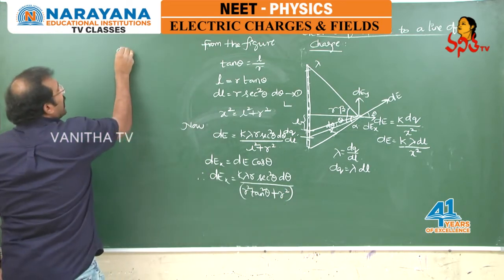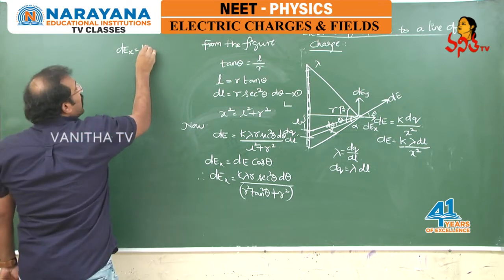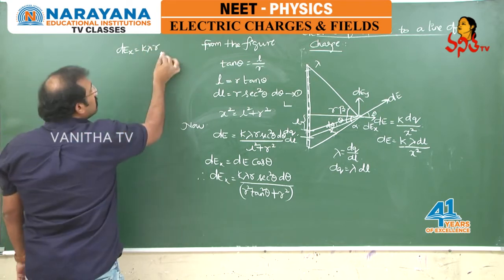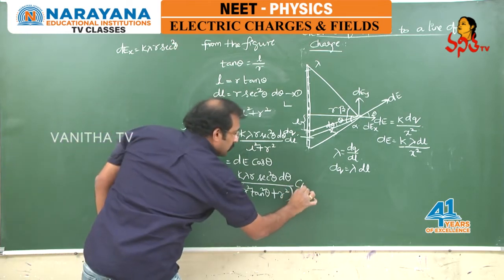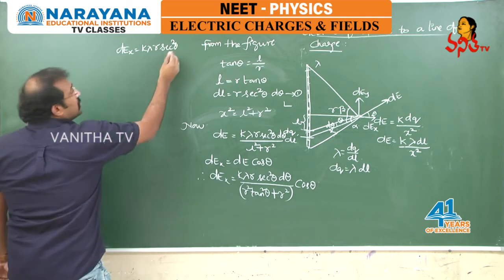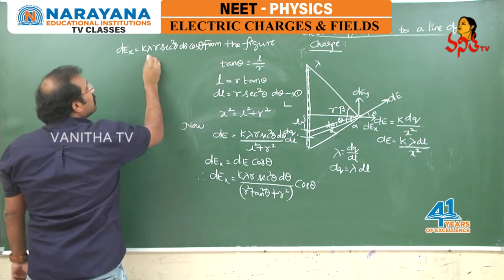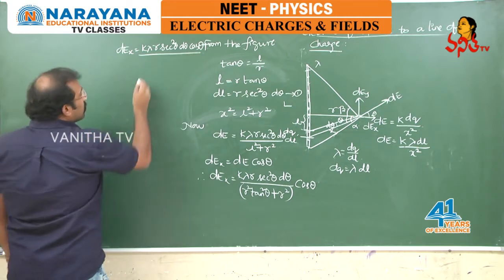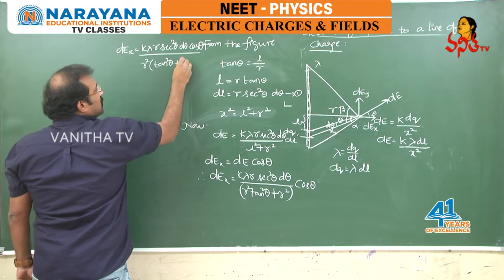So from here I can write dEx is equal to k lambda r secant square theta d theta into cos theta by R square common, tan square theta plus 1.